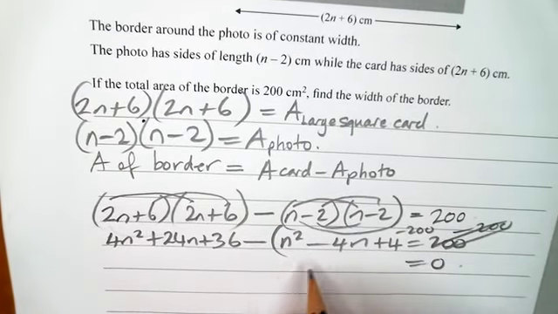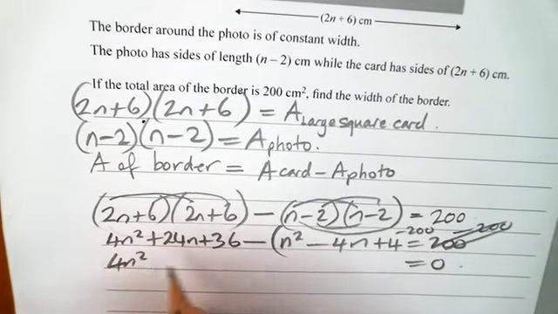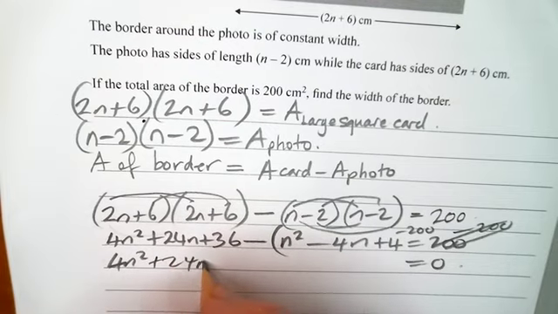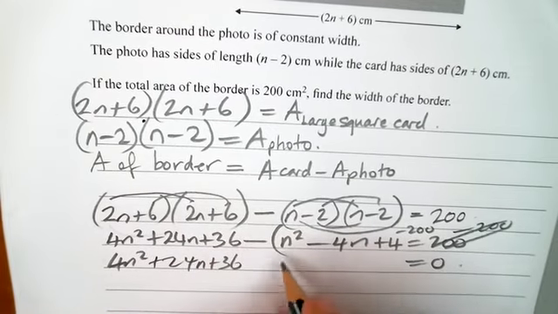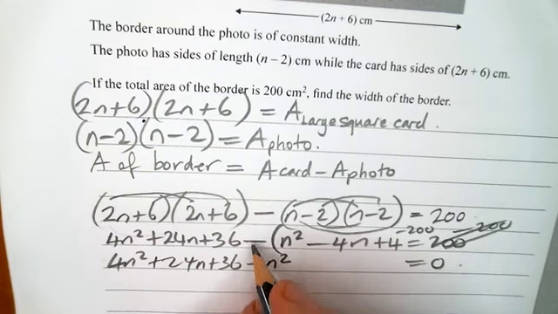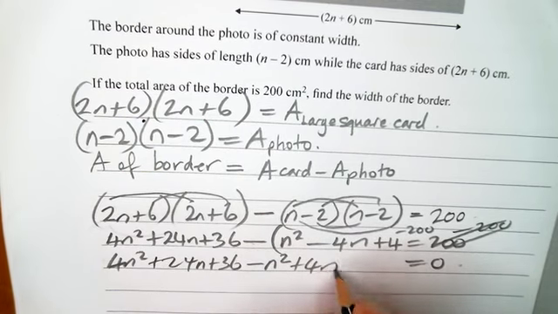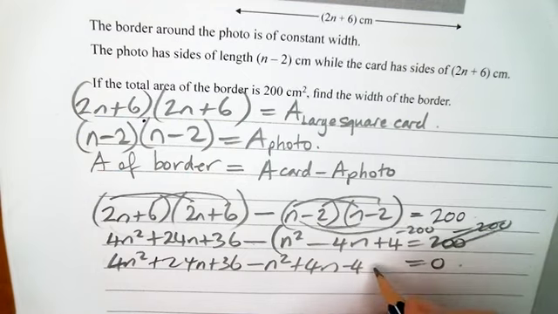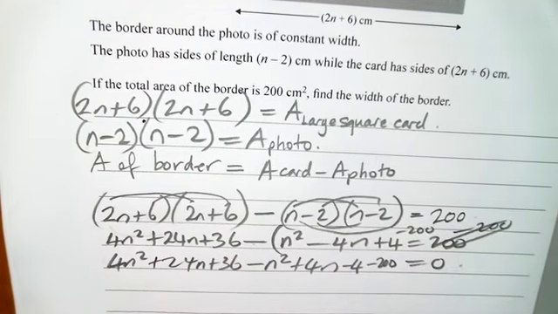So I've got 4n squared plus 24n plus 36 minus n squared, and minus minus is going to be plus 4n, minus plus 4 is going to be minus 4, minus 200.